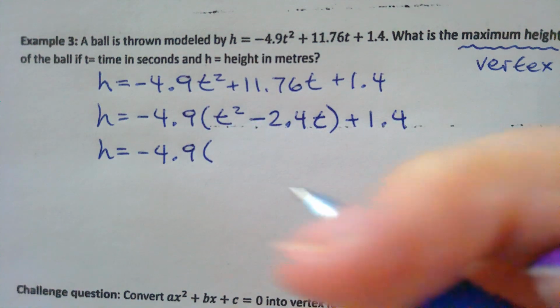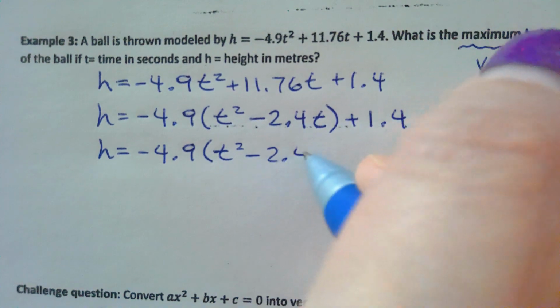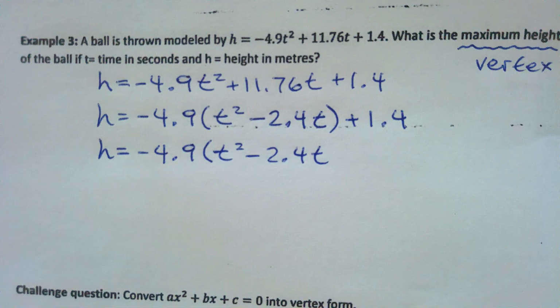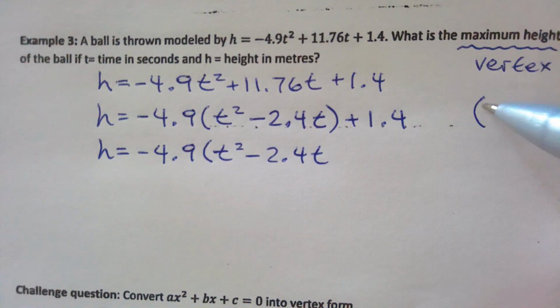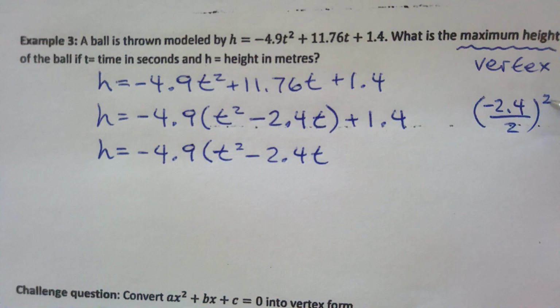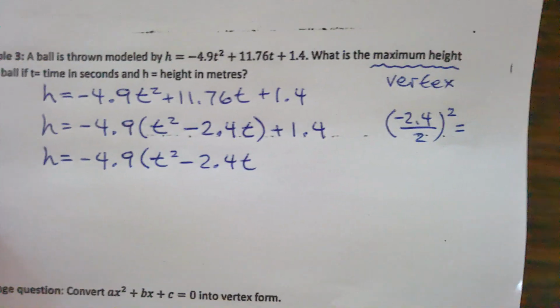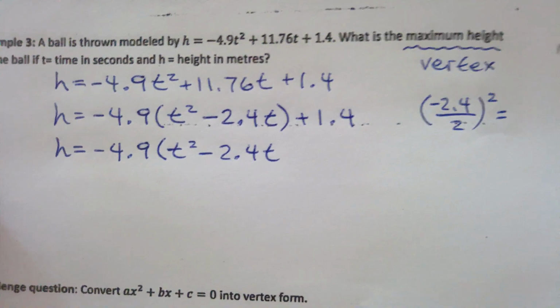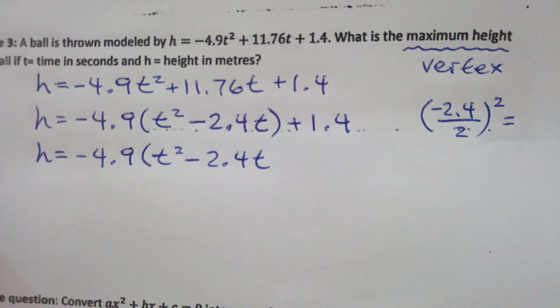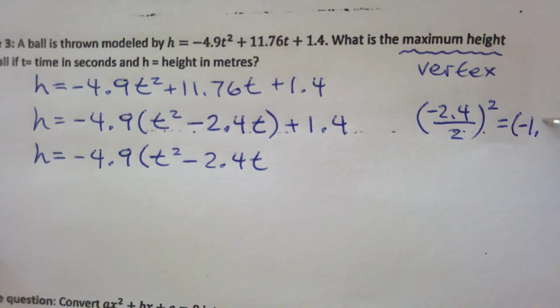Third step, I have to do the add and subtract part. Okay, what's my b value? Yeah, so negative 2.4 divided by 2, and then I'm squaring it. Which is negative 1.2 squared.